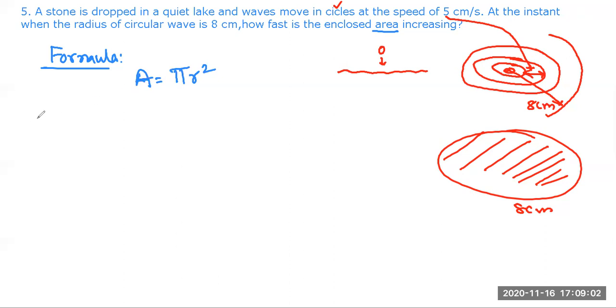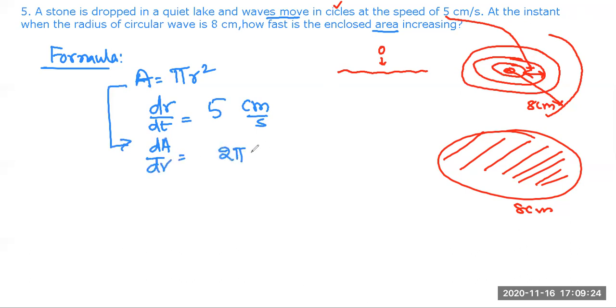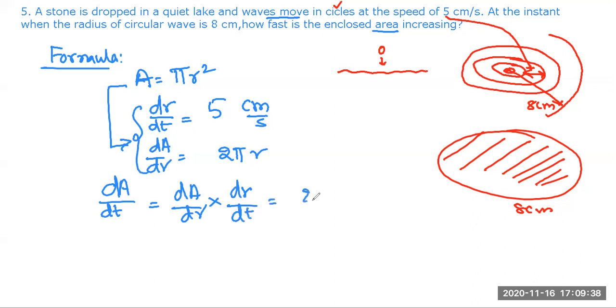So what is given? The stone is dropped, the wave moves. The wave moving is nothing but the radius, dr by dt, and from the units you can see it's 5 centimeters per second. So we do dA by dr first, that's equal to 2 pi r. Then dA by dt equals dA by dr multiplied by dr by dt, that's 2 pi r multiplied by 5 centimeters per second.